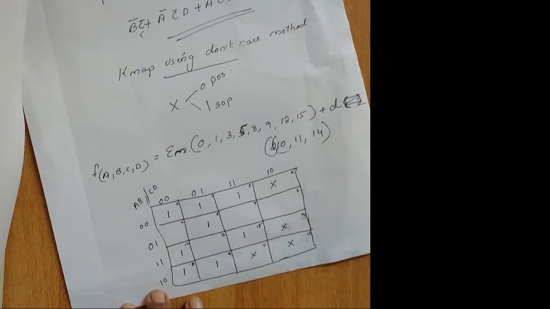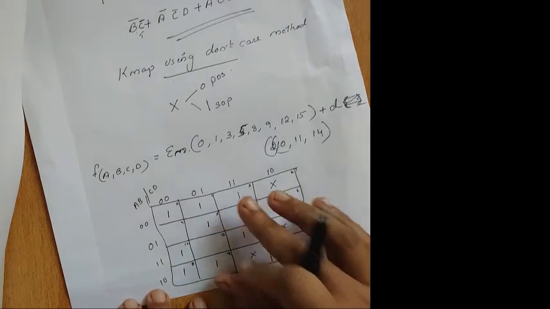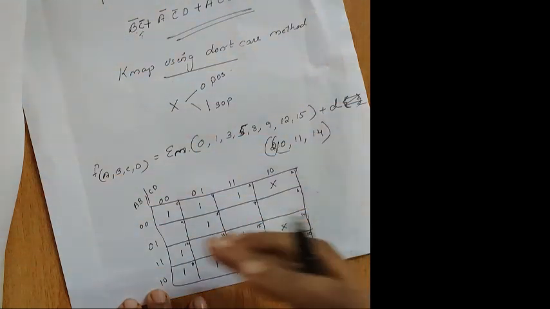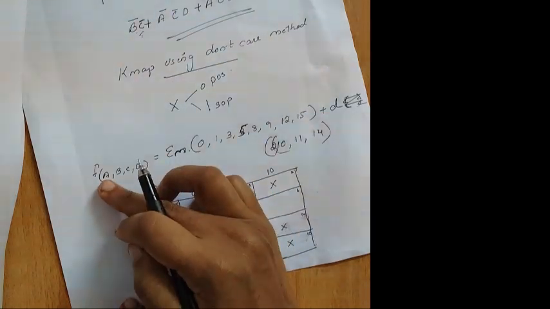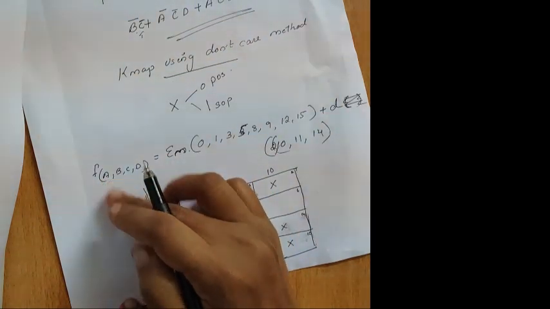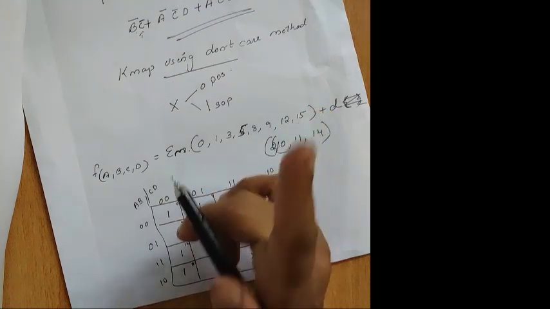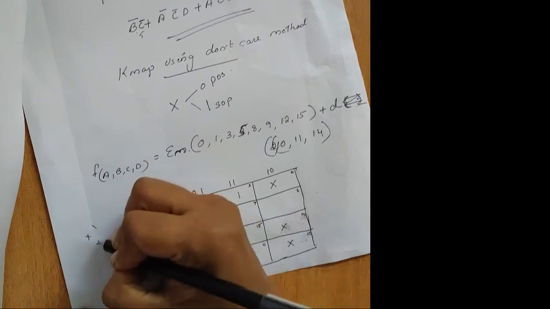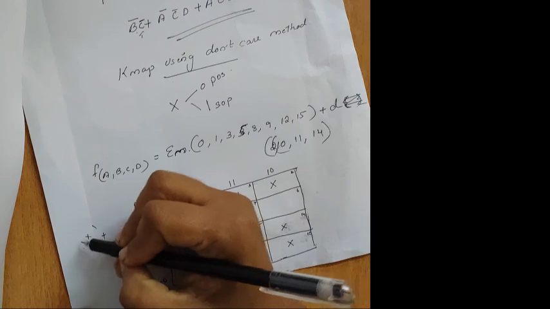The condition for don't care is that you should not group don't cares alone. If you have 4 don't cares in adjacent cells, don't group the don't cares alone. There should be at least one 1 among them, like X, 1, X, X. Then you can group.